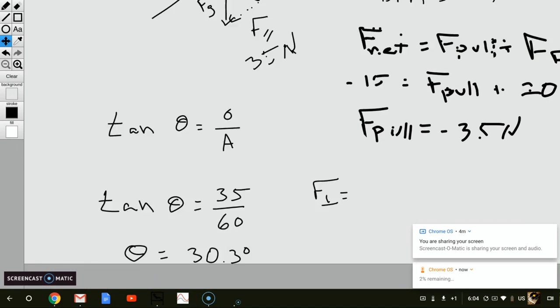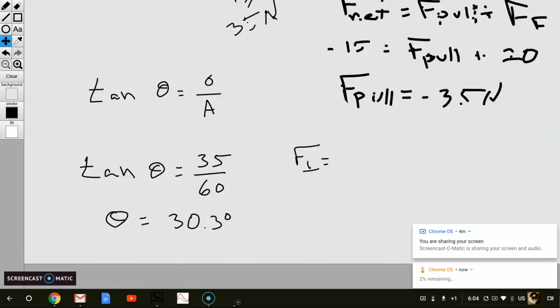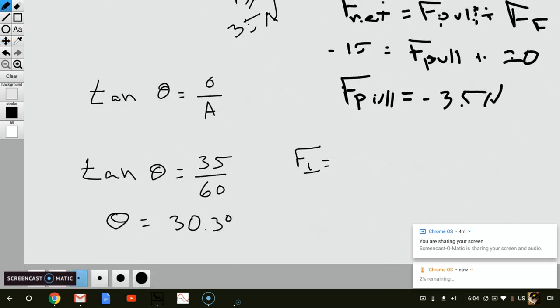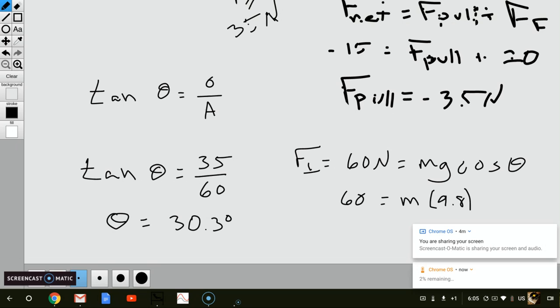Now, I know that my F perpendicular is 60 newtons, and that is equal to mg cosine of theta. I also know what my angle is now, so I should be able to figure this out. So 60 newtons is equal to the mass times 9.8 times the cosine of 30.3.